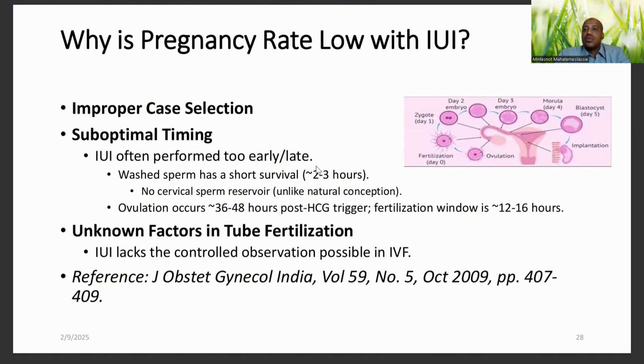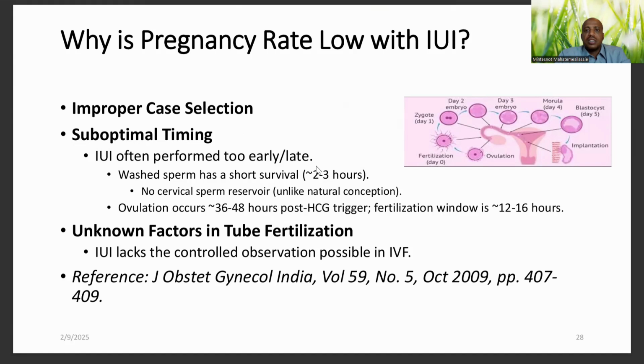The success rate of IUI is good in young female patients, preferably less than 35 years, with good ovarian reserve, patent tubes, and a short duration of infertility between 2 to 3 years. If there is no major male factor infertility, you'll have good success. Otherwise, if you don't have a good selection, your success rate will be low.